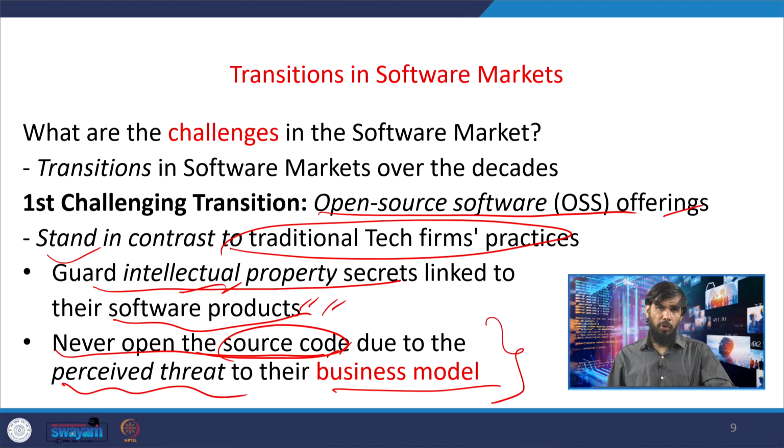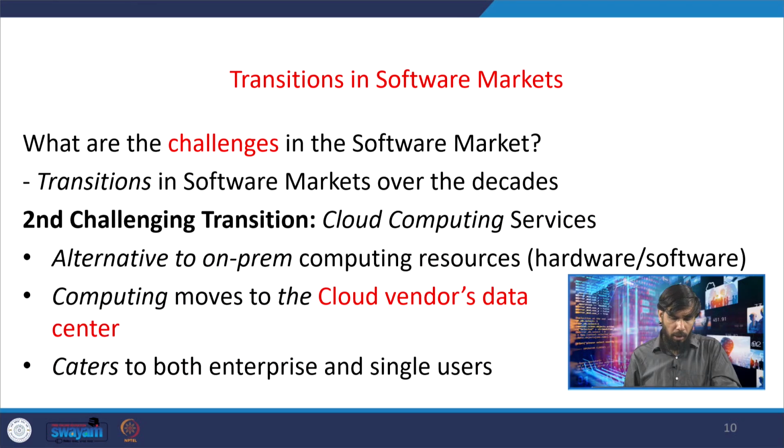So, new firms came up which were essentially OSS vendors, and they also started making money by providing support, customization and IT services in general. This is how the first challenging transition was met. We'll discuss a few more points in coming slides.